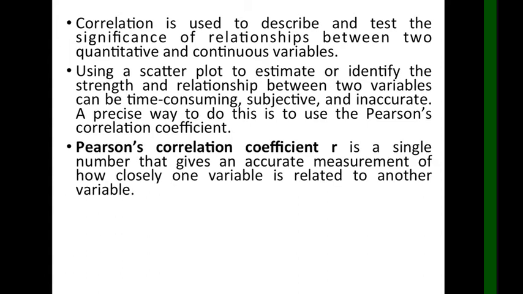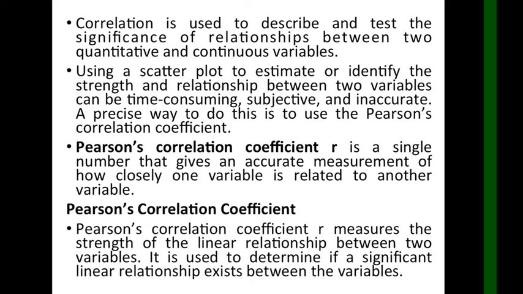Pearson's correlation coefficient r is a single number that gives an accurate measurement of how closely one variable is related to another variable. Pearson correlation coefficient measures the strength of the linear relationship between two variables. It is used to determine if a significant or linear relationship exists between the variables.